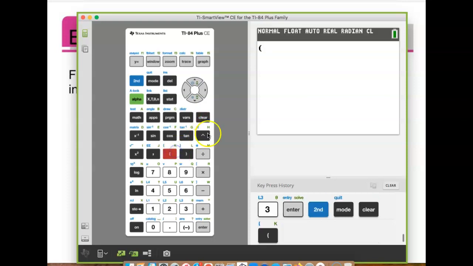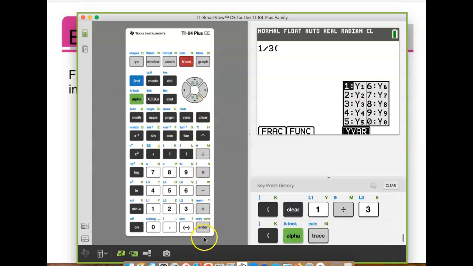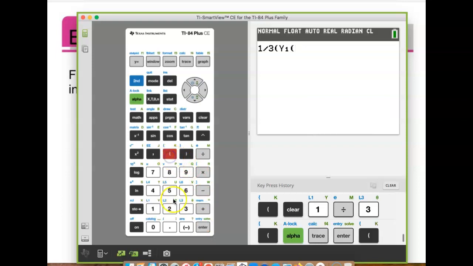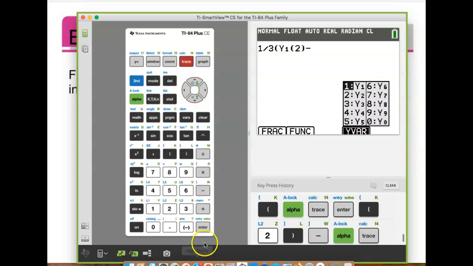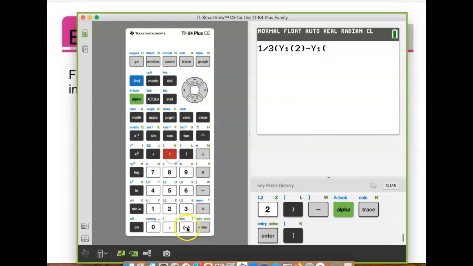I'm going to do this: 1/3 times y1 of 2 minus y1 of -1, where y1 has my antiderivative inside of it.